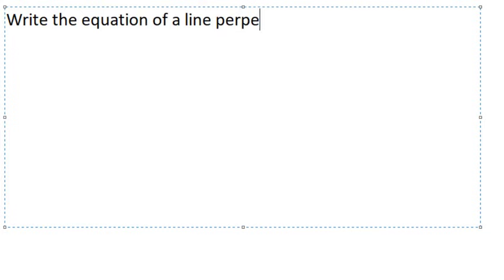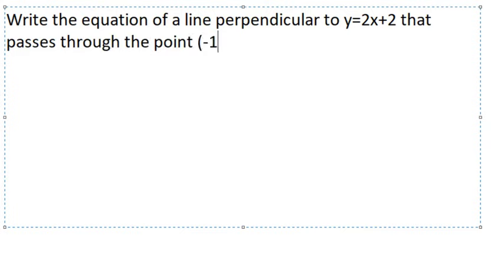Okay, so I have this problem: write the equation of a line perpendicular to y equals 2x plus 2 that passes through the point (-1, -7). Make sure you guys can see all of that. Okay, great.